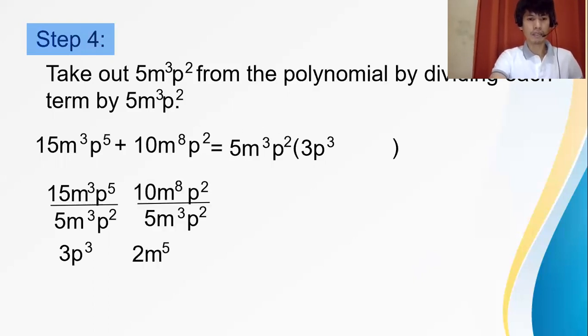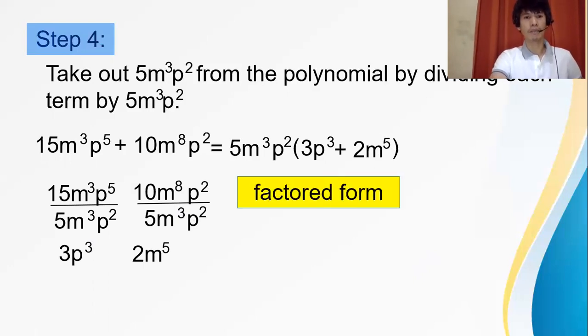The answer is 2m raised to the fifth power. So 8 minus 3 is 5. Cancel that. So this will be our answer. Therefore, this will be your factored form.